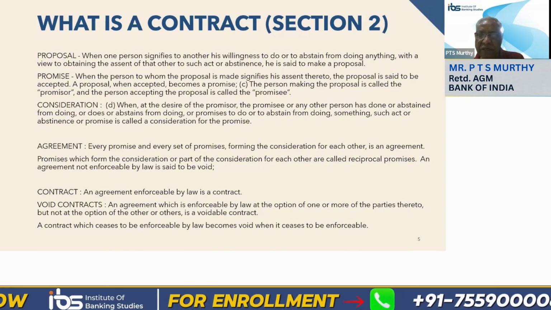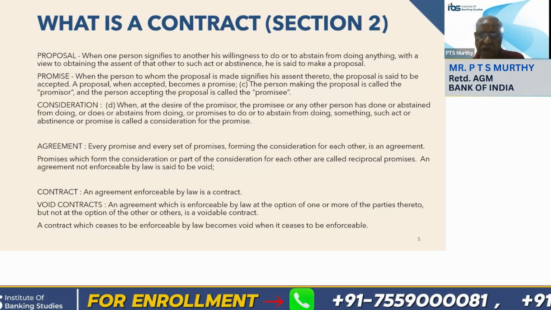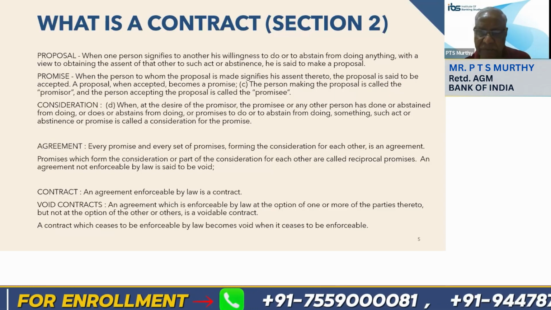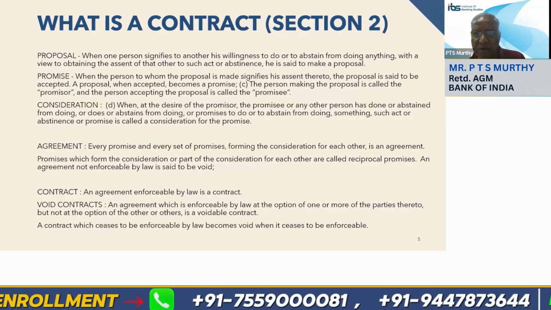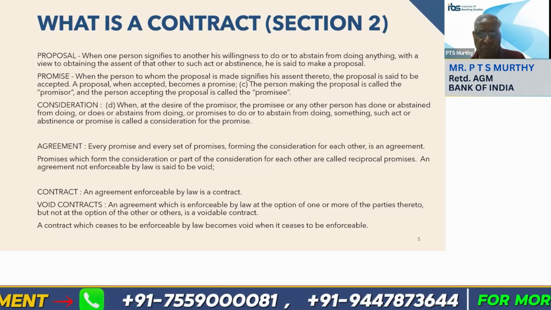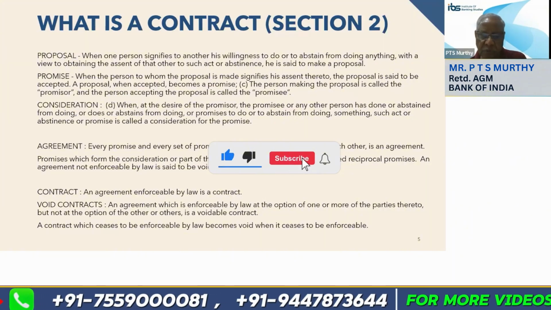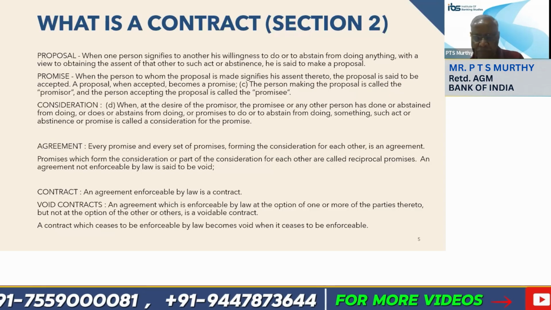A contract will be entered into only when an agreement is enforceable by law. An agreement is possible only when there is a consideration by the party, and consideration is possible only when the promisor has agreed on the proposal given by the customer. So proposal, promise, consideration, and agreement will lead to a contract, provided it is enforceable by law.